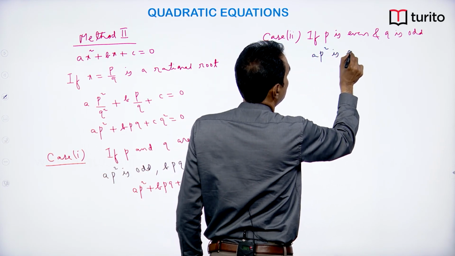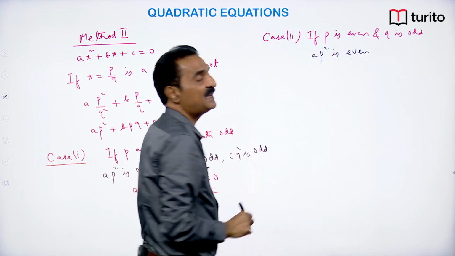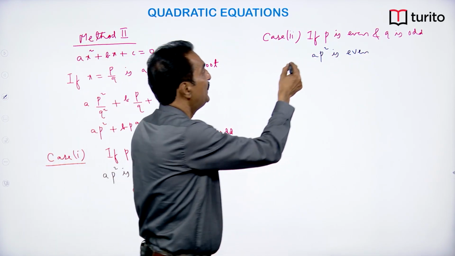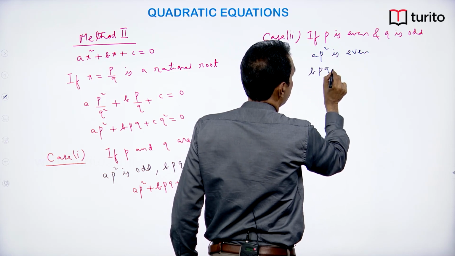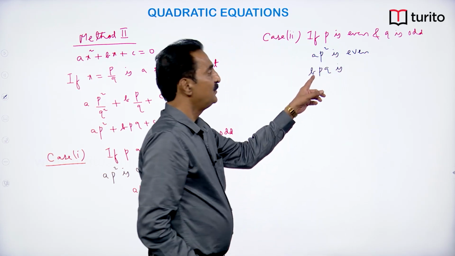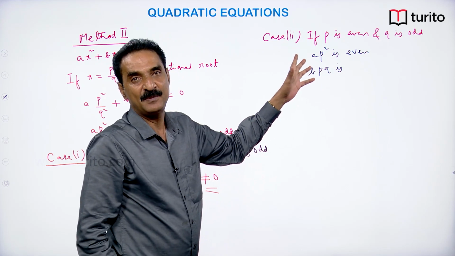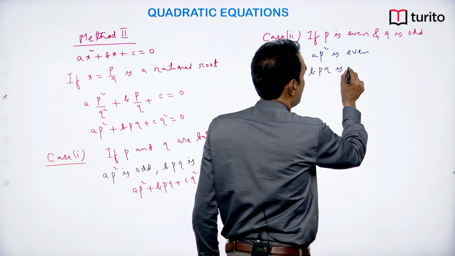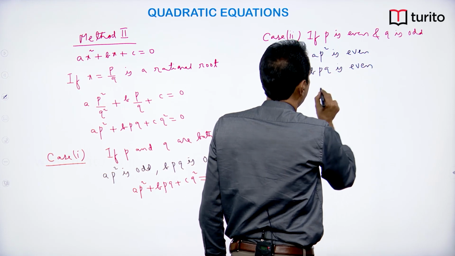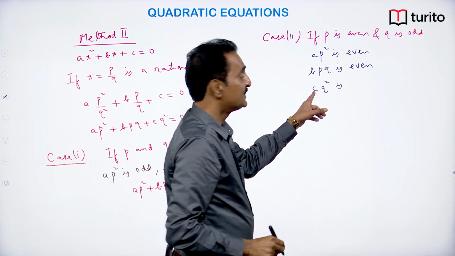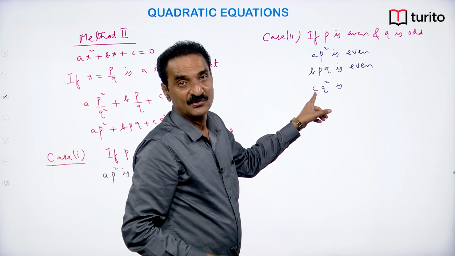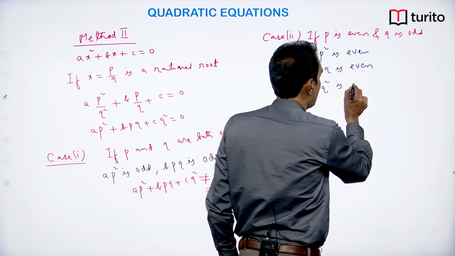AP square is even because P is even, and second term BPQ. P is even, no? So, BPQ must be even. Third term CQ square. C is odd, Q is odd, so CQ square is odd.